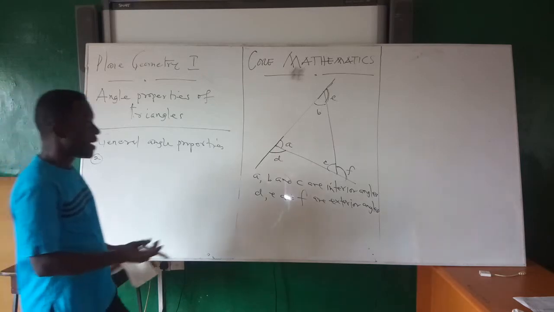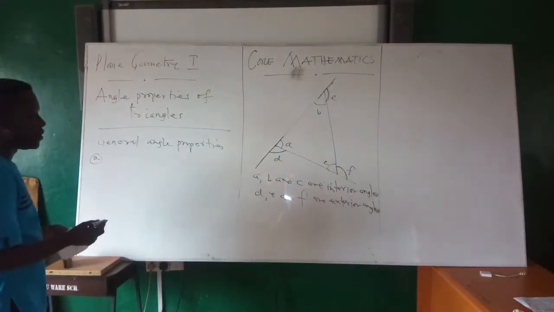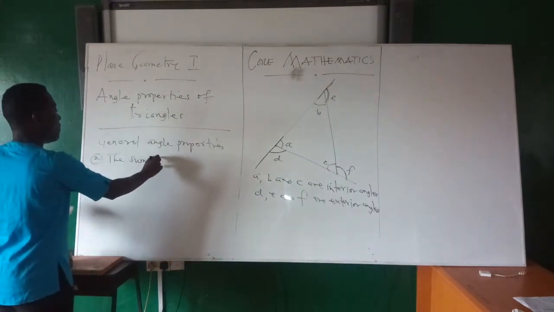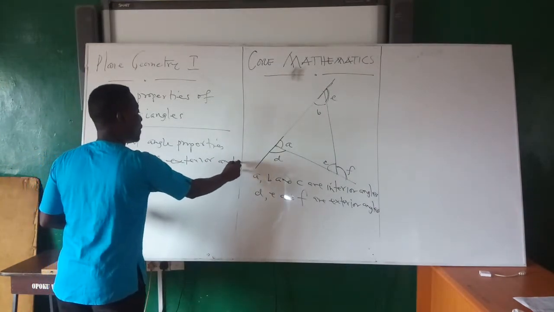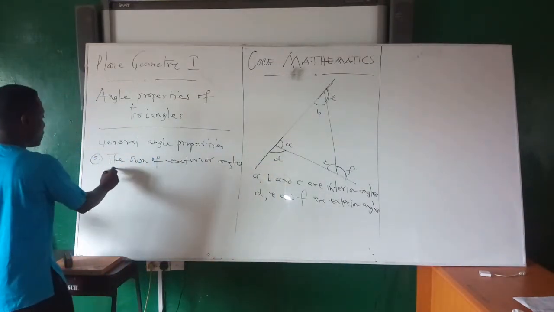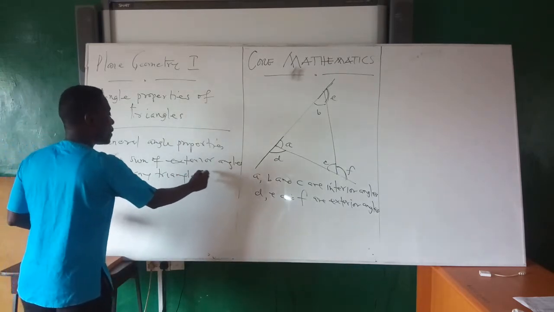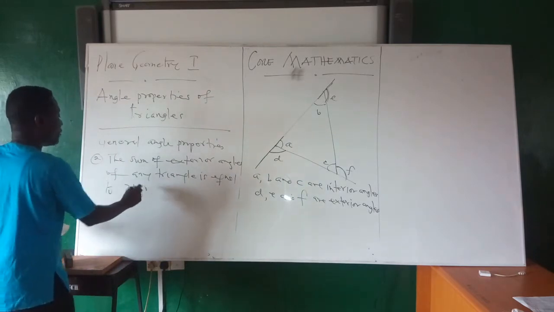So what it means is that when you take the exterior angles and you sum them, you're supposed to get 360 degrees. So I would say that the sum of exterior angles of any triangle is equal to 360 degrees.